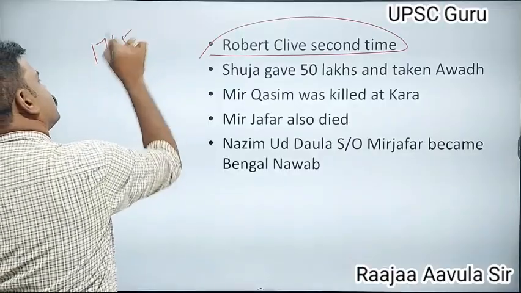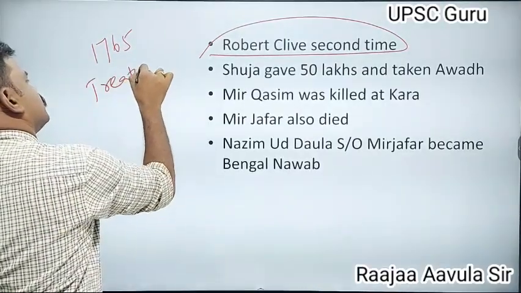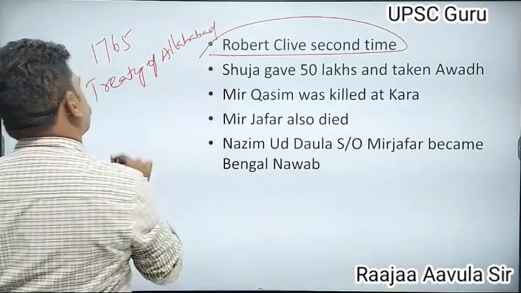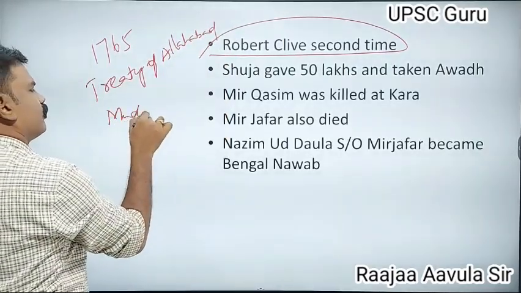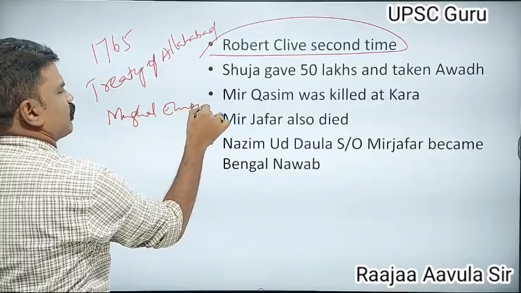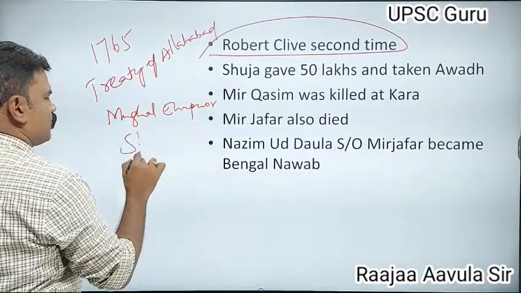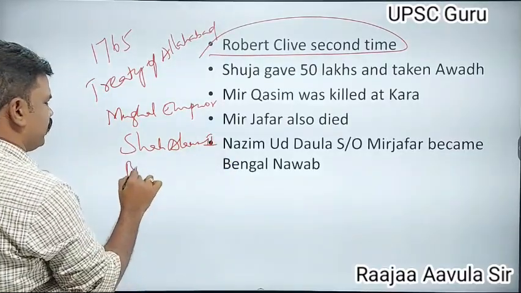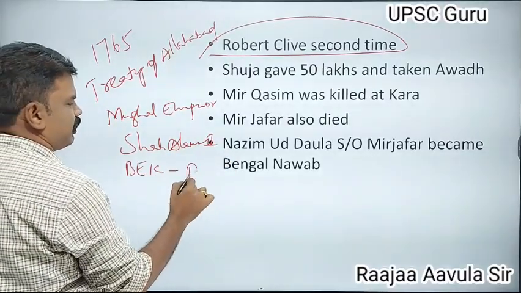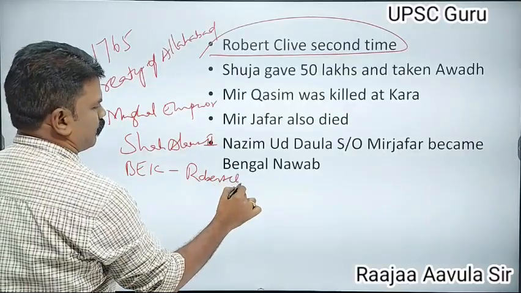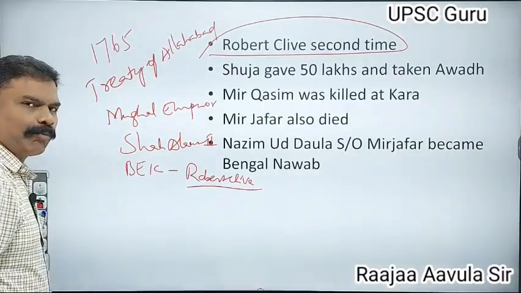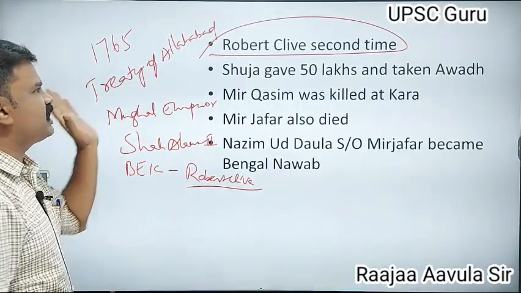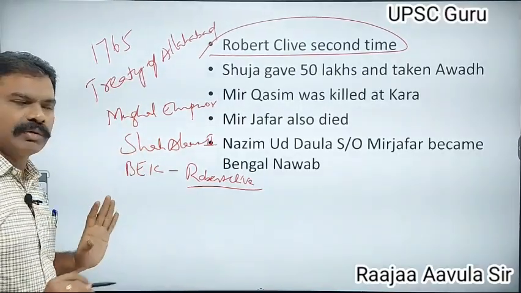In the year 1765, the Treaty of Allahabad was made between Mughal Emperor Shah Alam II and the British East India Company's Robert Clive. Robert Clive made the Treaty of Allahabad with the Mughal Emperor.